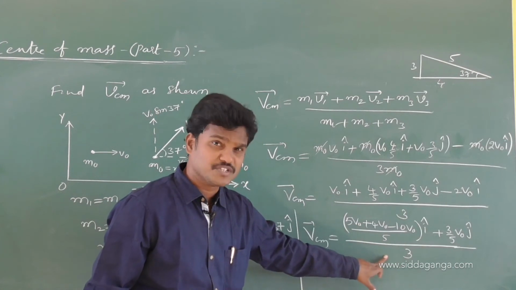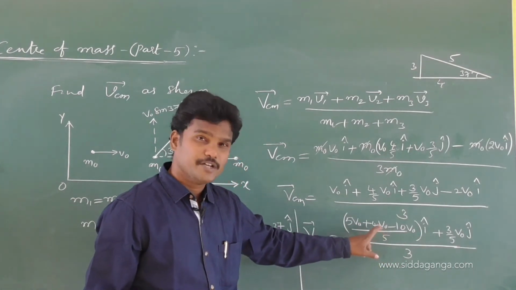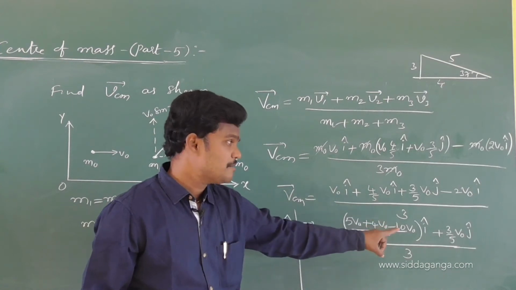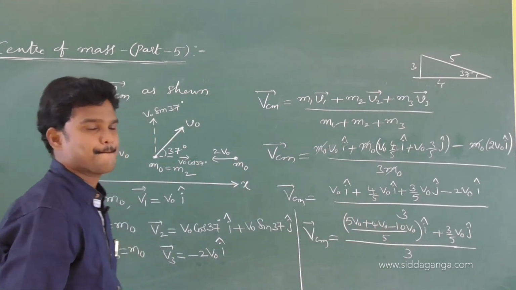If you take V naught outside, minus i cap plus 3 j cap by 10.